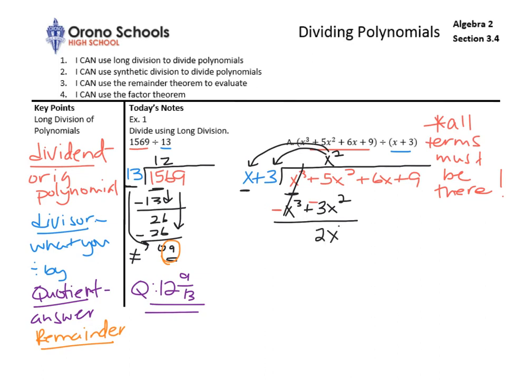We have 2x squared kind of left over. Bring down that next term just like we would a number, but we'll just bring down the entire term. Again, take that first term on the outside and that first term on the inside. What could we multiply x by to equal 2x squared? Well, we would need to multiply it by a positive 2 and an x.